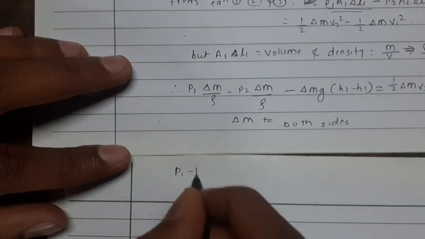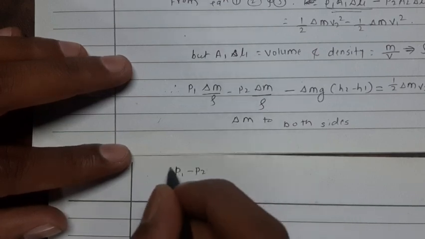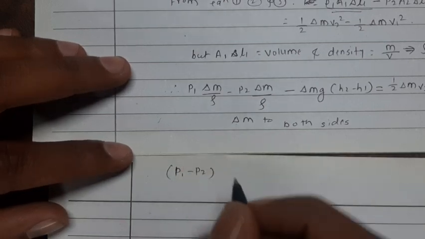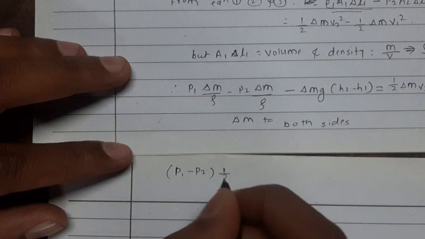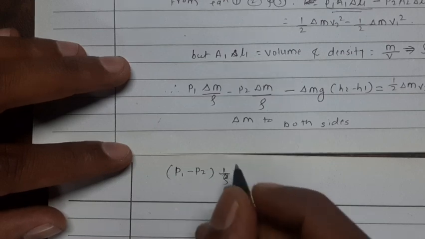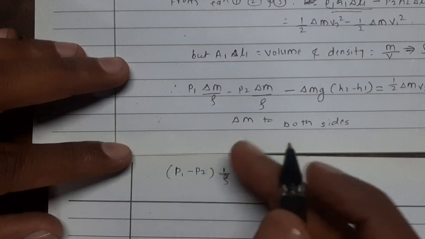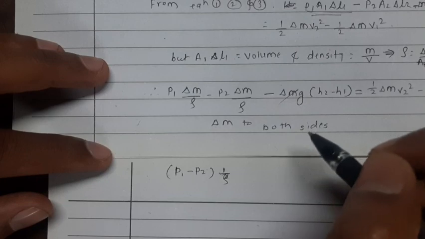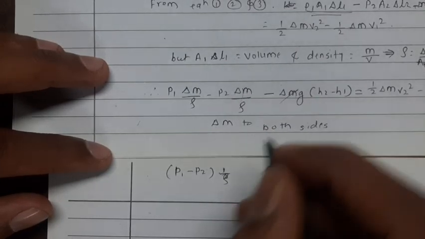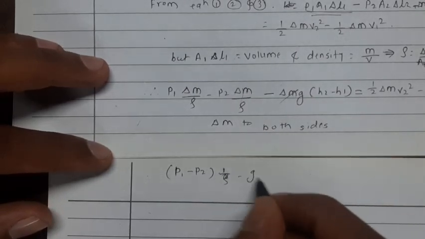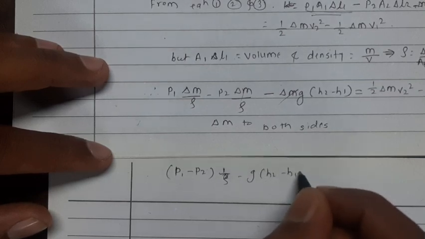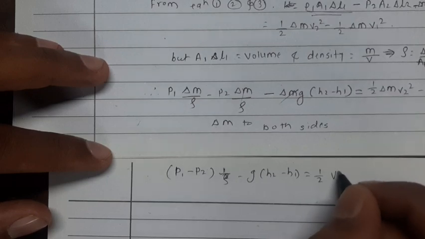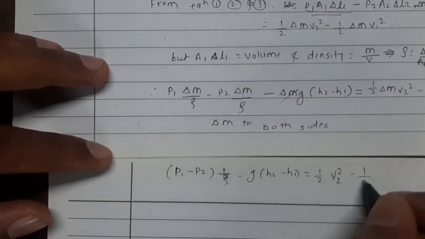It is P1 minus P2, and I am taking delta m by rho common, so it will be 1 upon rho on this side, because I am dividing, this will get cancelled. So I am just taking P1 minus P2 outside, and it will be 1 over rho, minus g into H2 minus H1, is equal to 1/2 V2 square minus 1/2 V1 square.